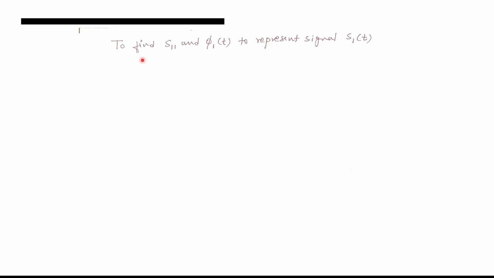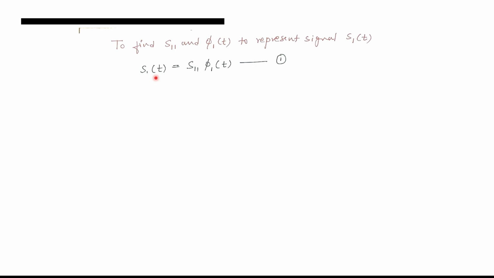In step 1, I am going to find S11 and phi 1 of t, that means the first vector value and the orthonormal basis function, which is related to S1 of t. So let us consider the signal S1 of t as shown in equation 1.